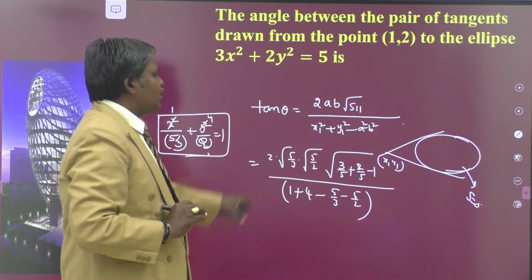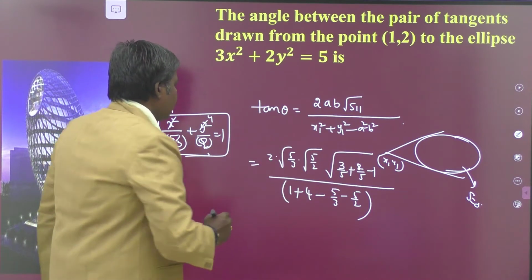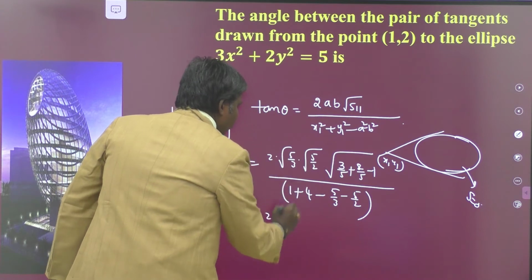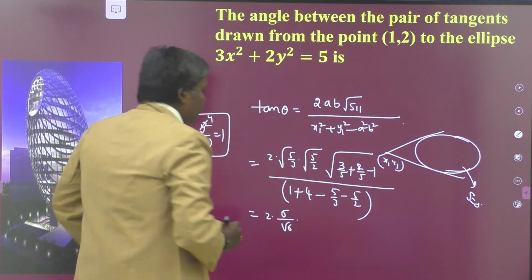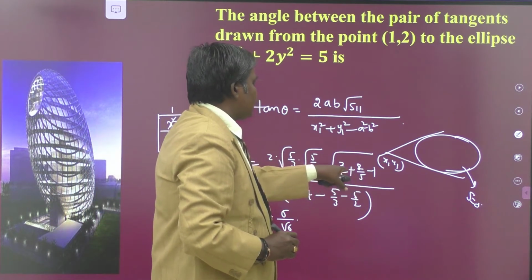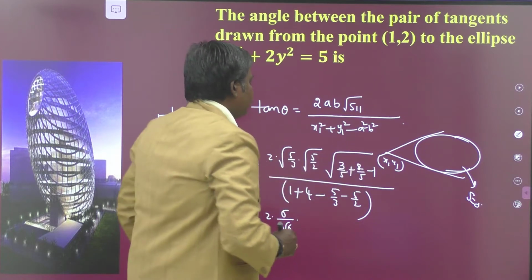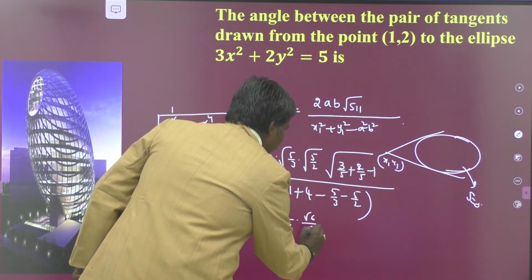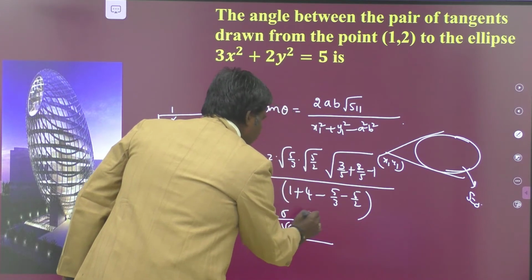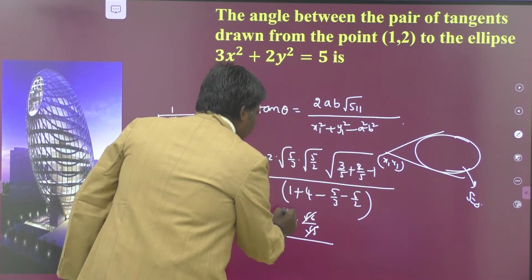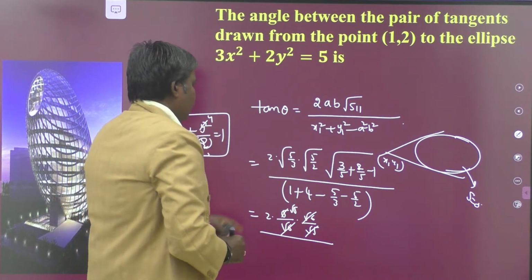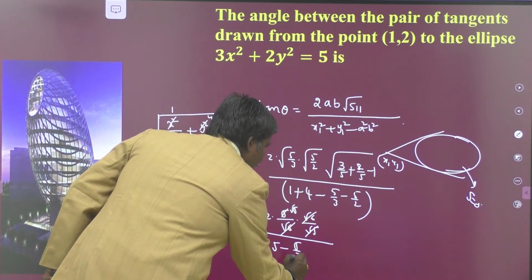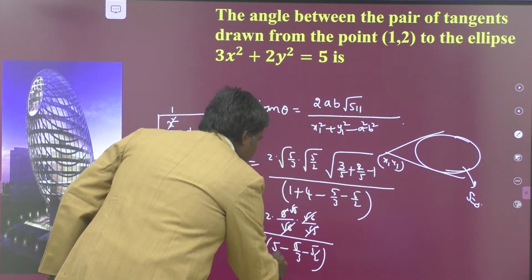Just by simplifying this one, you get the angle. See here, that is 2 times root 5 into root 5, 5 by root 6 is there. Now this is 5 LCM, 11 minus 5, that is 6, root 6 by root 5 is there. Root 6 by root 5, root 6 gets cancelled. Here root 5 gets cancelled. By 1 plus 4, that is 5, minus 5 by 3 minus 5 by 2 is there.